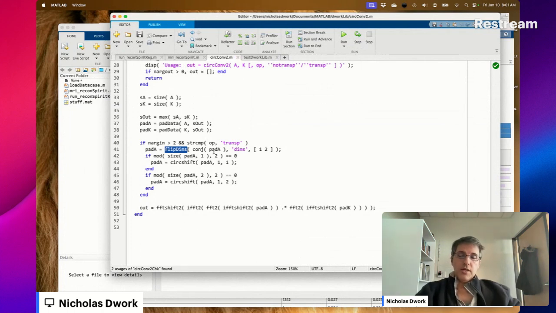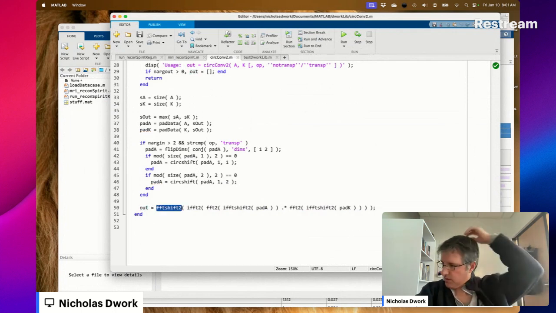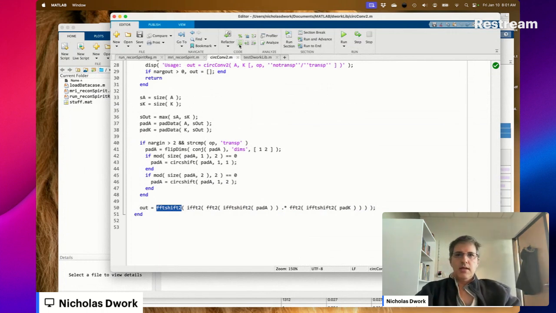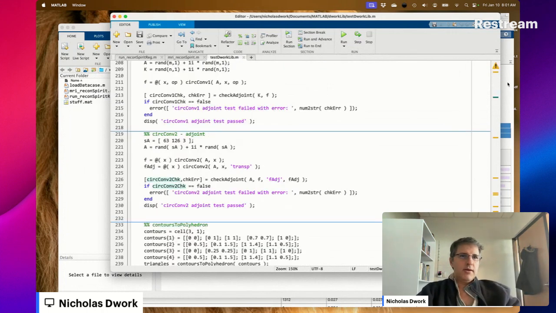So we could implement a circular convolution that has the origin in the first element. And then if you want to do the origin in the center, you have to do these shifts. That would be more efficient in some circumstances, but it's not what I'm worried about right now.